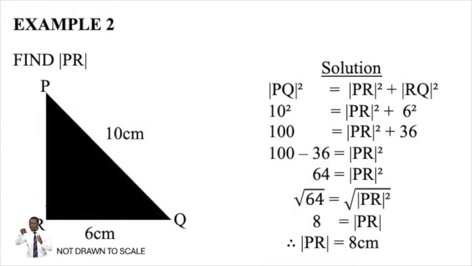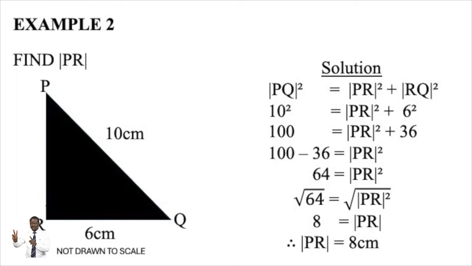RQ is also known and that is 6 centimeters. So we make the substitution rightly. 10 squared gives us 100 and 6 squared gives us 36. So we have 100 being equal to PR squared plus 36.